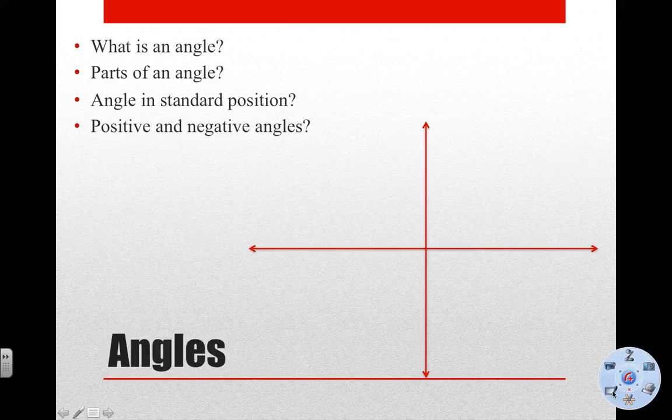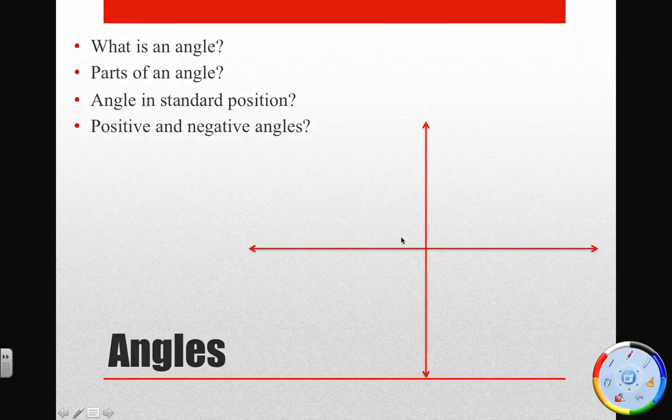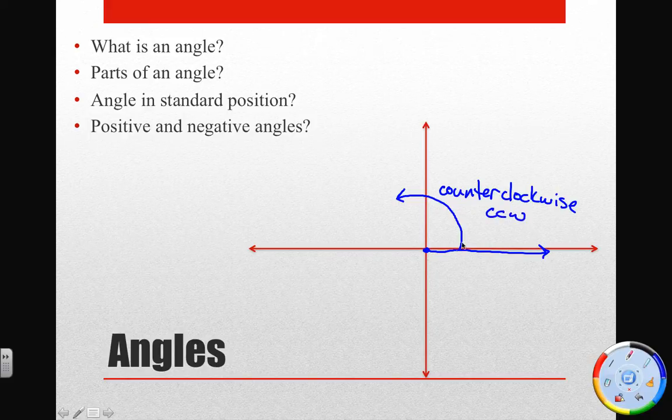All right, so we have positive and negative angles. If we were to take an initial side here and measure counterclockwise, or CCW, some people abbreviate that, a counterclockwise angle is positive. So we would say this is a positive 130 degrees. However, we can measure in a negative direction if we measure clockwise.